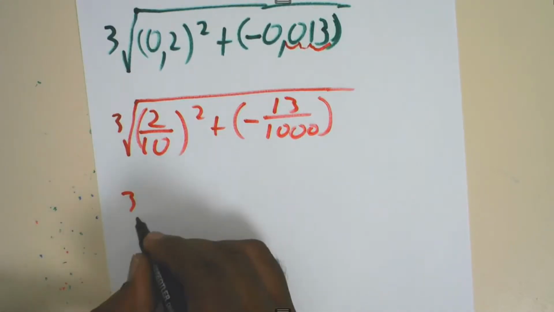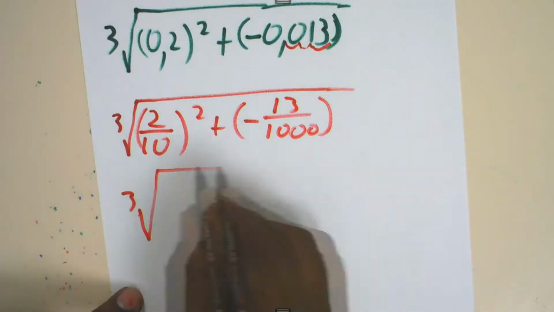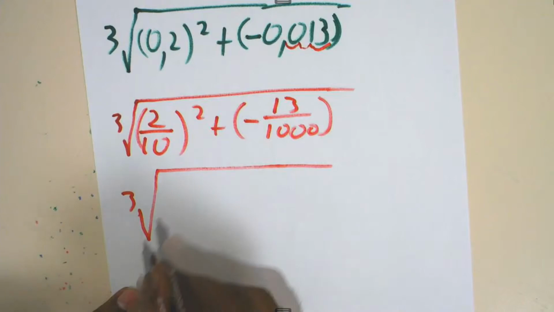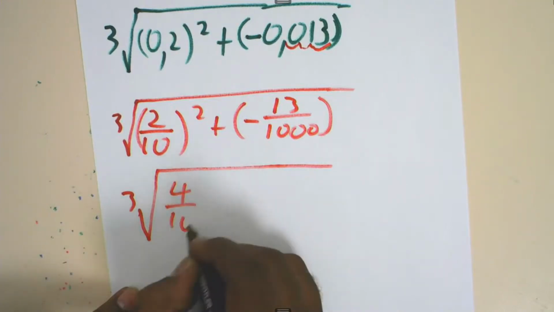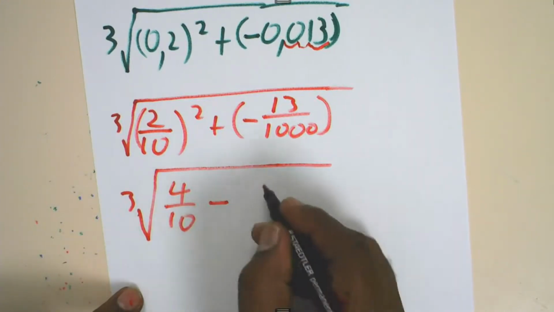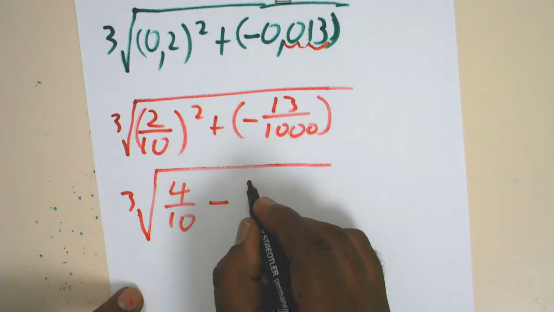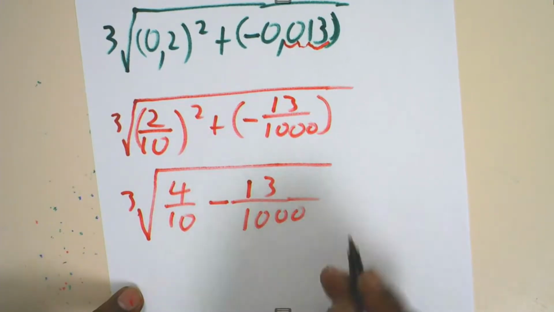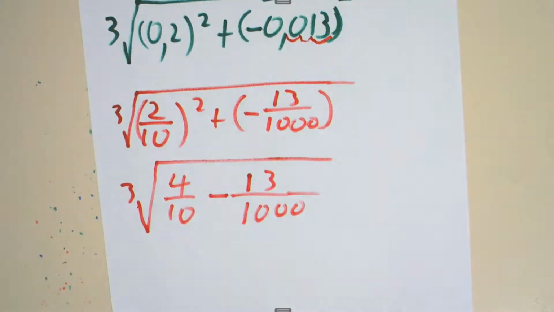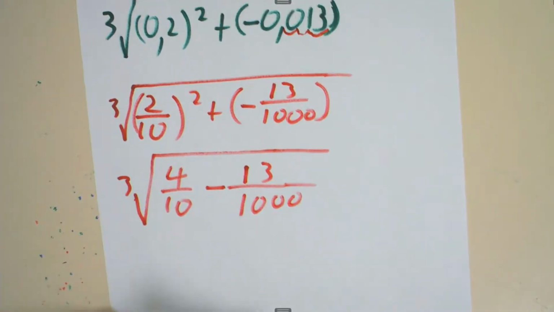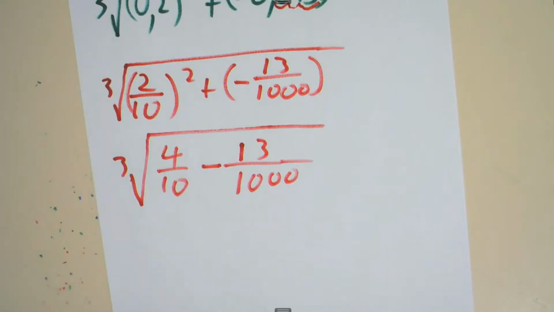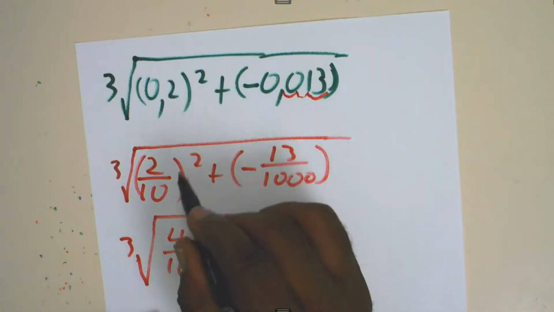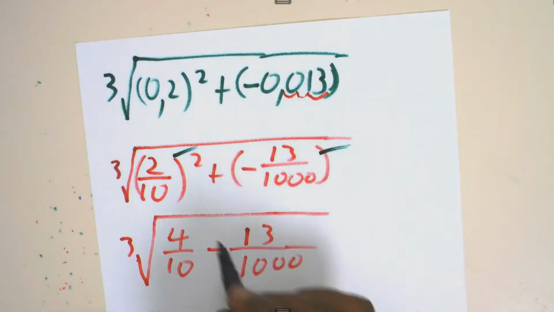Now, BODMAS, let's remove the bracket. It's 4 over 100 minus 13 over 1,000. Like we said, remember, maths is a step by step process. That's what matters.